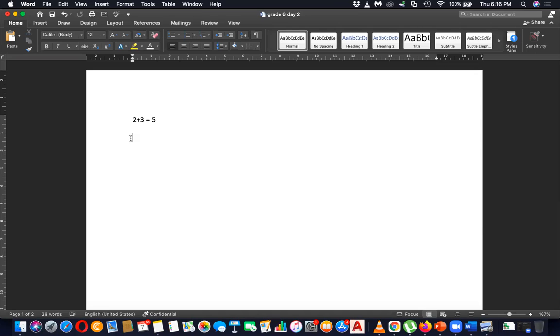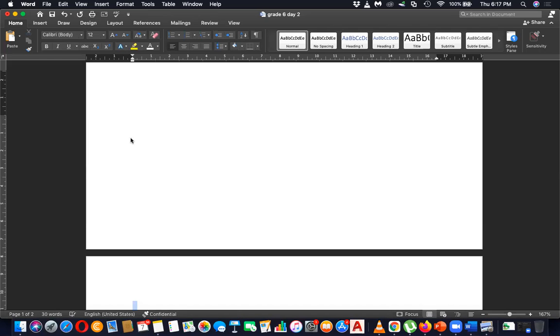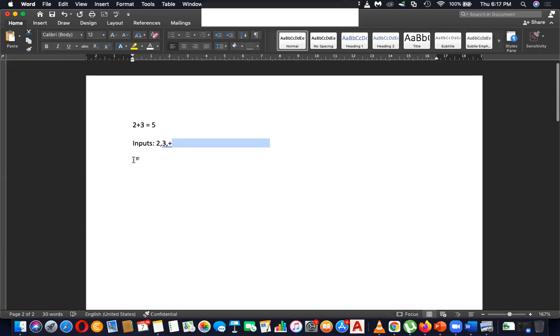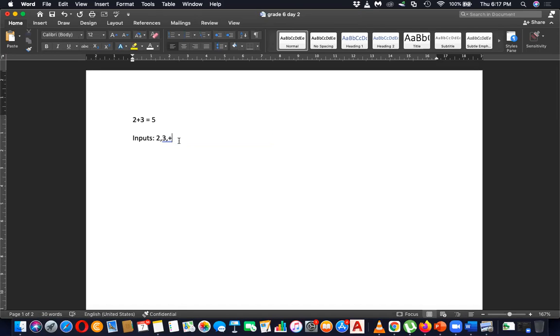What are the inputs? 2 and 3, yes. Not just 2 and 3: this instruction is also input, the plus is also input. 2 and 3 and plus.